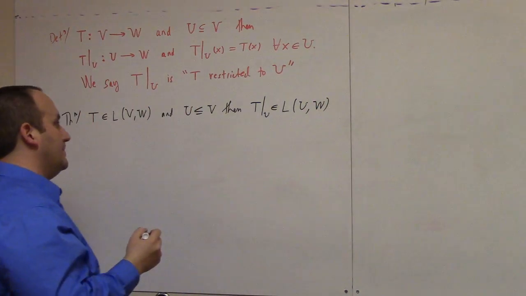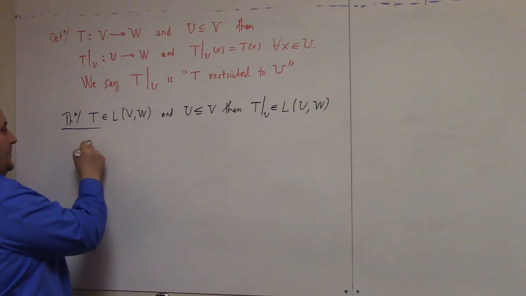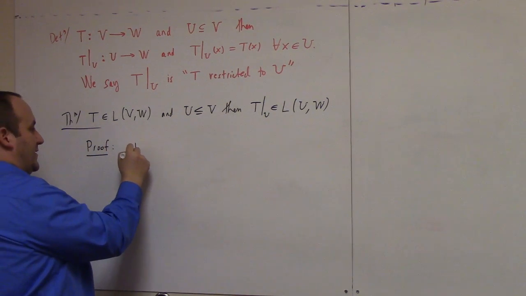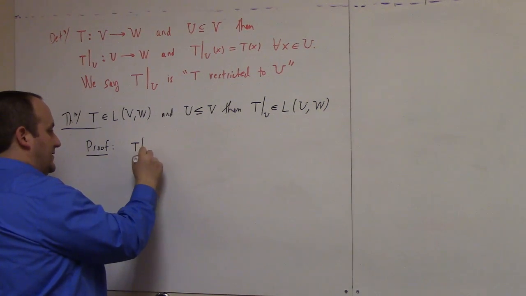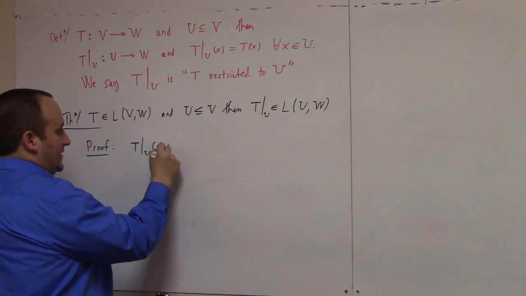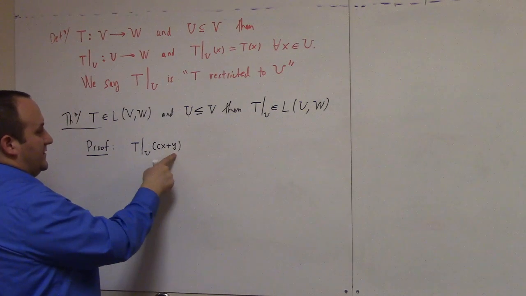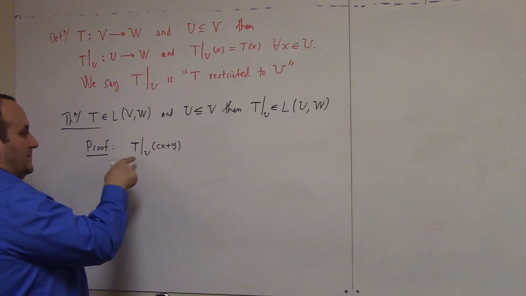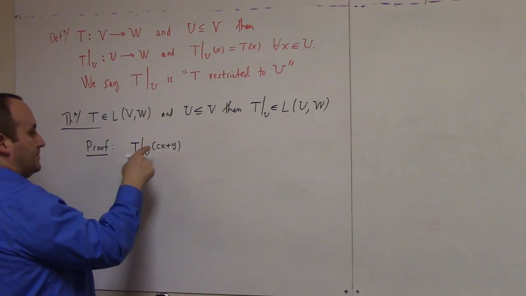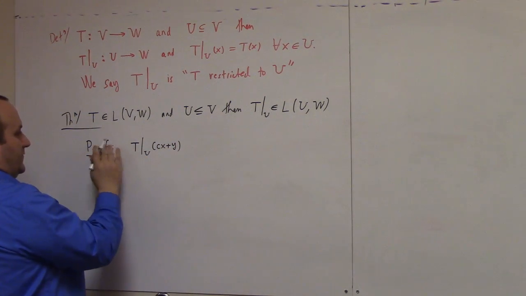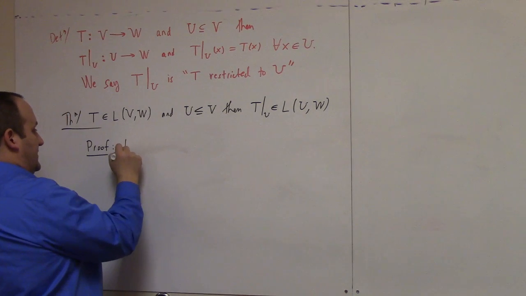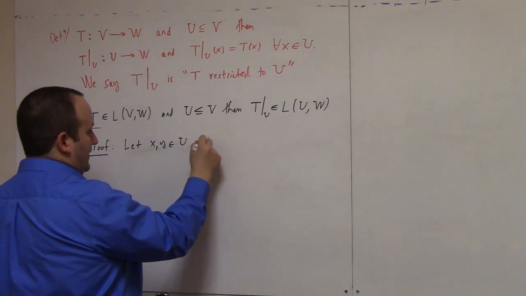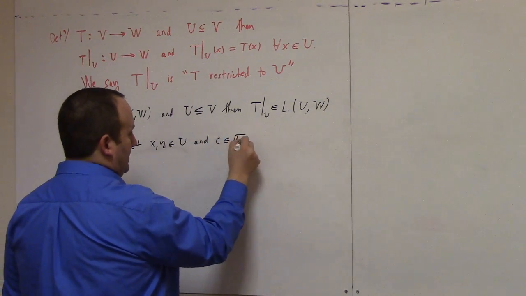Okay. Proof. I don't know if I'll write it down, but it seems rather silly to even bother writing it. Let X and Y be elements of U and C be something in the field.